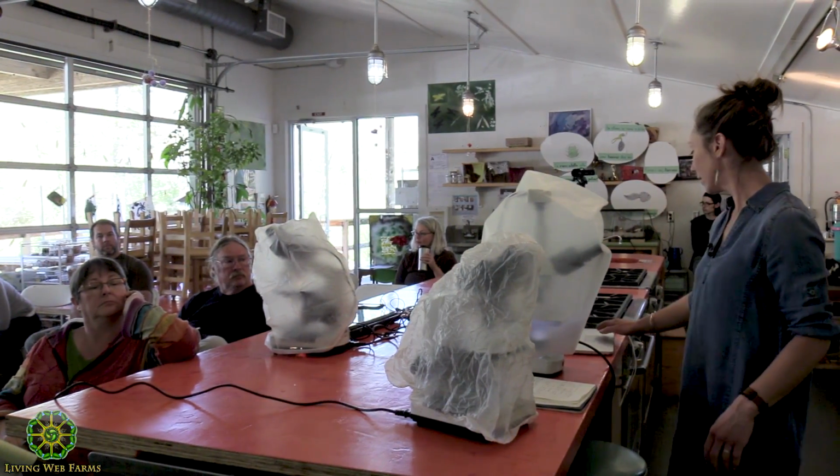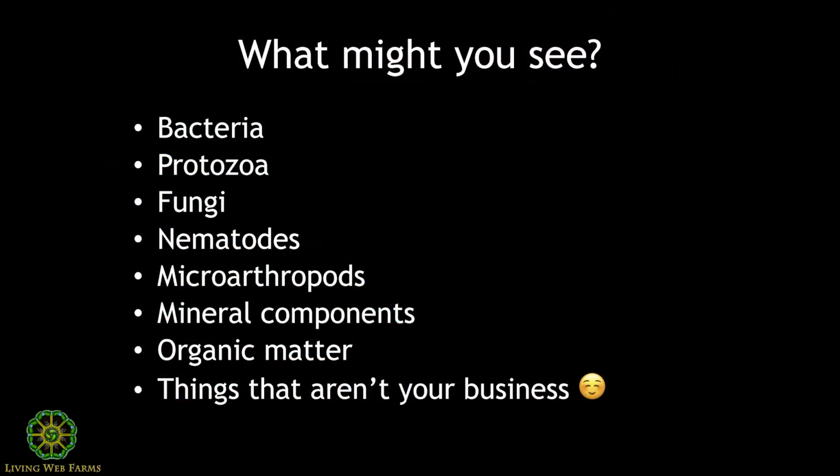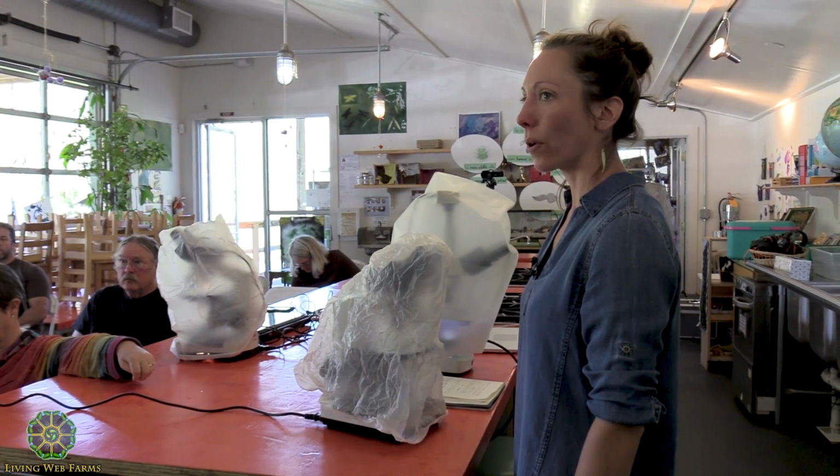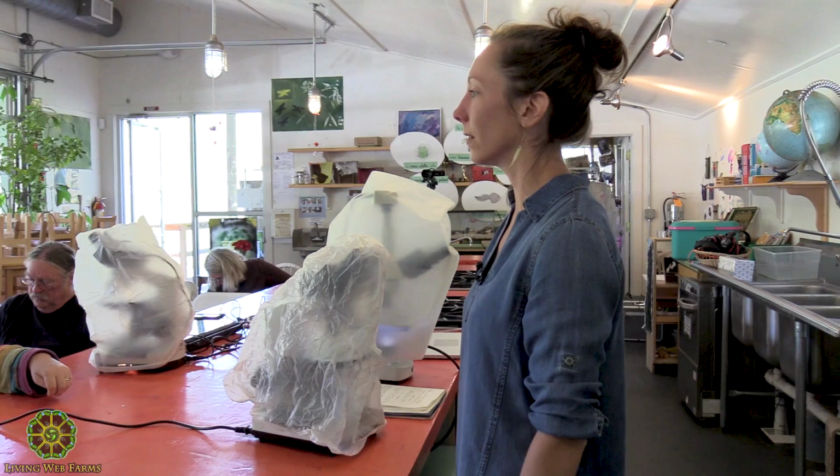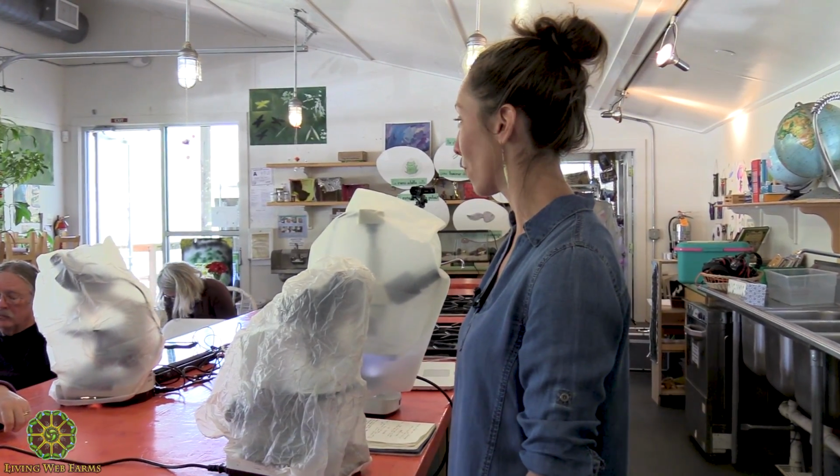So let's talk about what you might see when you look through the scope. What we're looking at is different feeding groups, basically, different taxonomic groups of soil organisms. Bacteria are gonna be by far the most abundant organisms in the soil, and within their bodies, they carry lots of nutrients for plants.